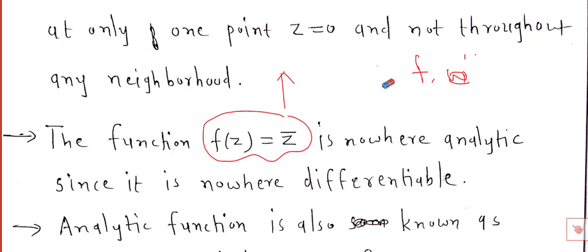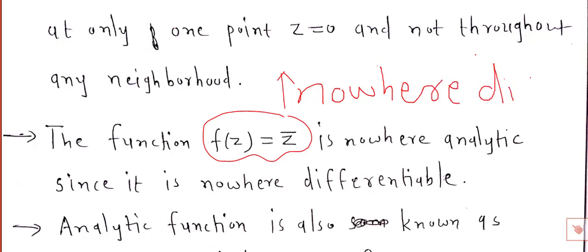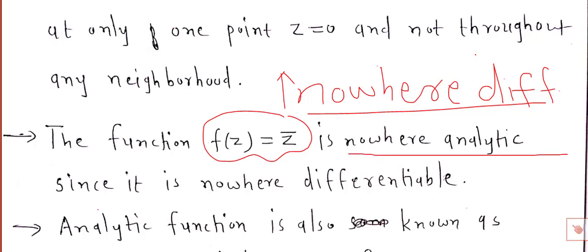The function z bar is not differentiable at any point, so we can write that z bar is nowhere differentiable in the complex plane. So we can say that z bar is nowhere analytic because it is nowhere differentiable.